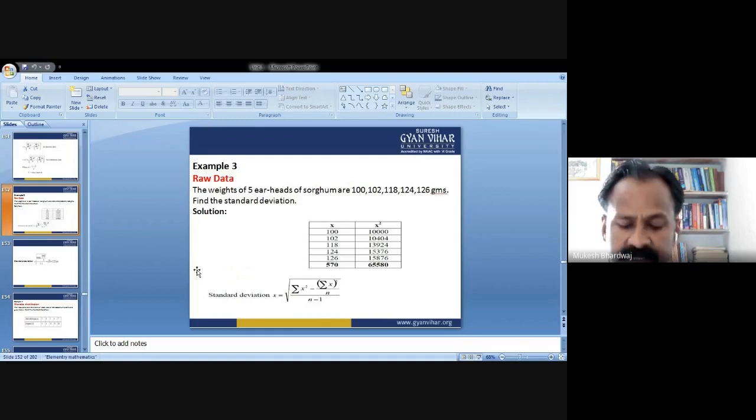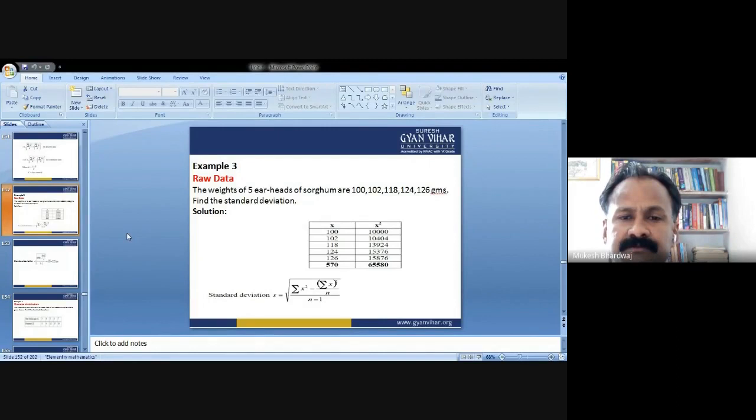Now take an example based on raw data and calculate the standard deviation. The weights of 5 ear heads of sorghum are 100, 102, 118, 124 and 126 gram. Find the standard deviation. The number of observations is 5.